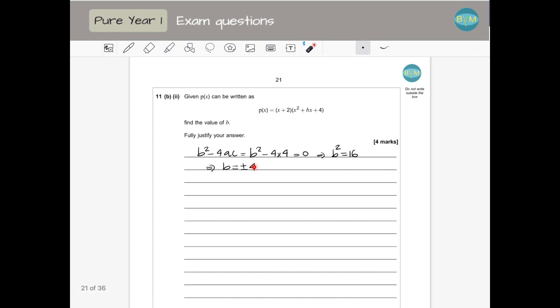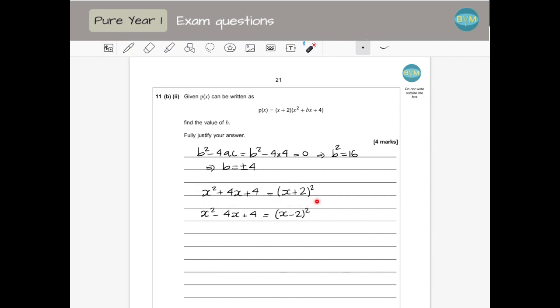If b is 4, this quadratic would be x squared plus 4x plus 4. When we factorize, we will have x plus 2 squared. And if b is minus 4, we will have the same but with a minus, which means it will be x minus 2 squared.